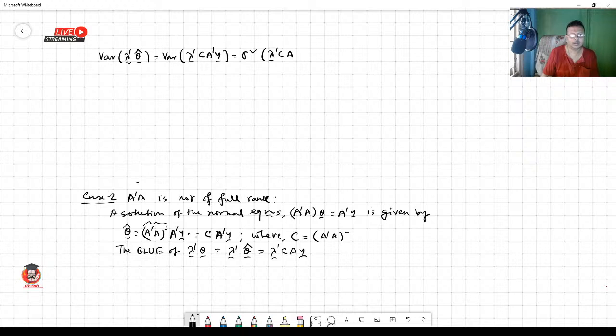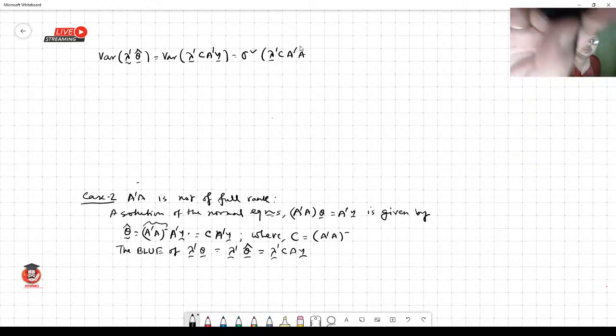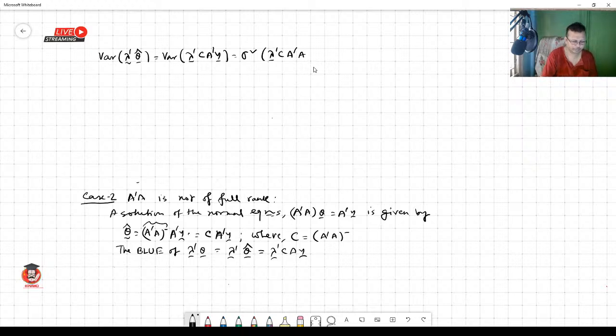So sigma square lambda curl prime C A prime A C prime lambda curl.